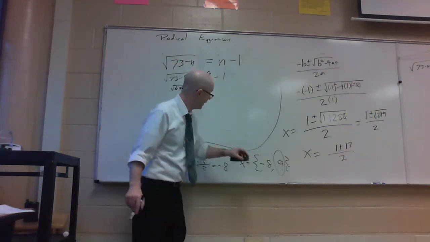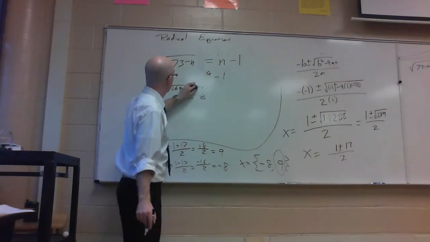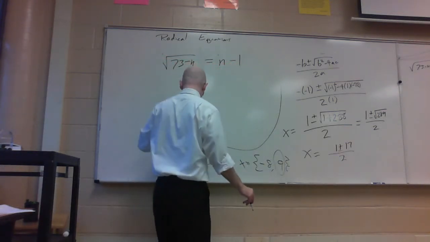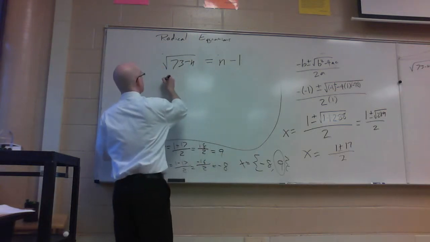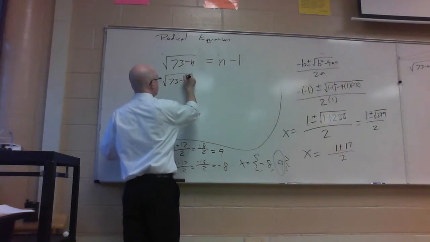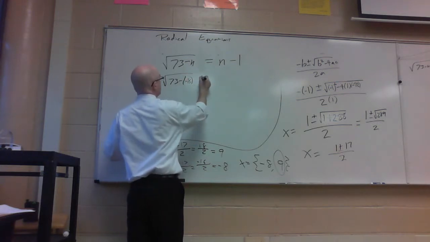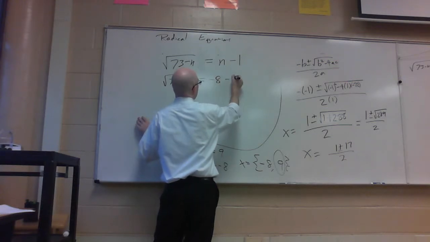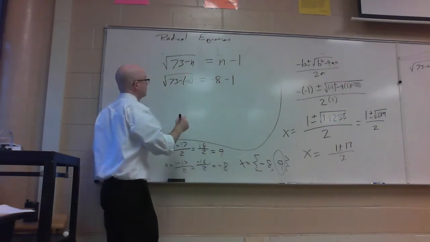We also need to check out negative 8. We go back, we repeat the process. You need to check. You don't check, you can do weird stuff. Square root of 73 minus negative 8 equals negative 8 minus 1.